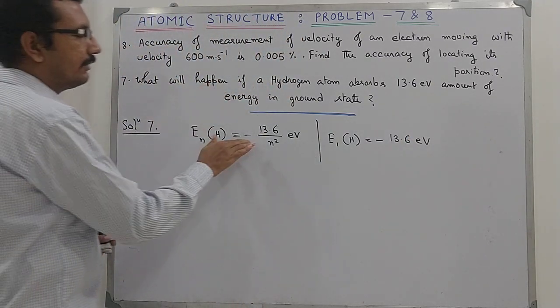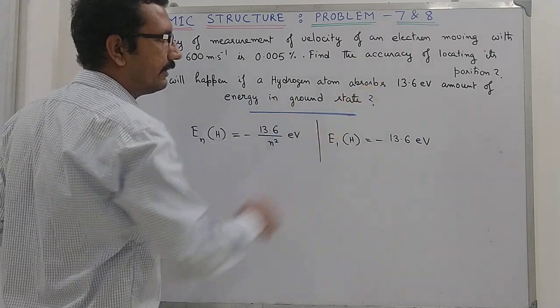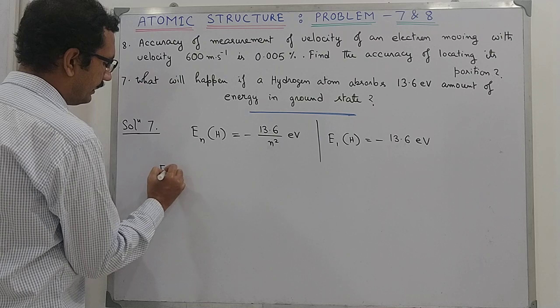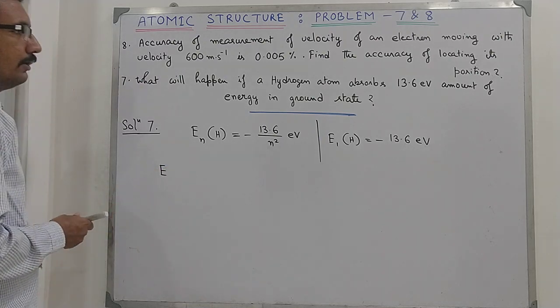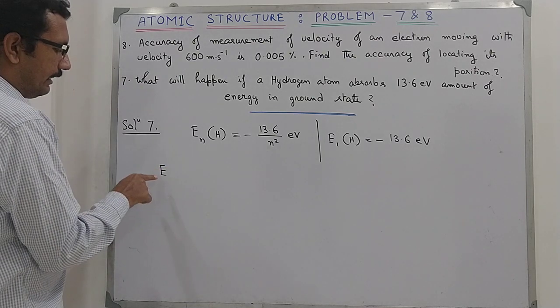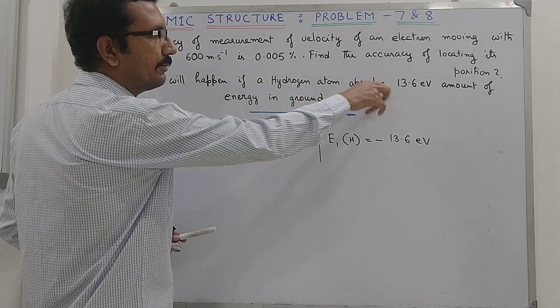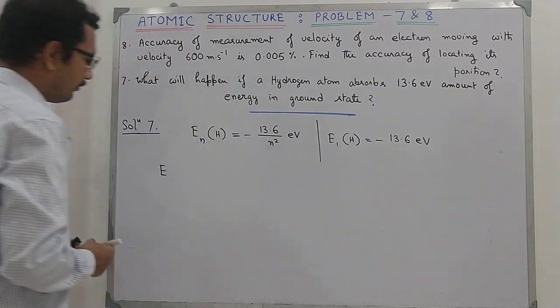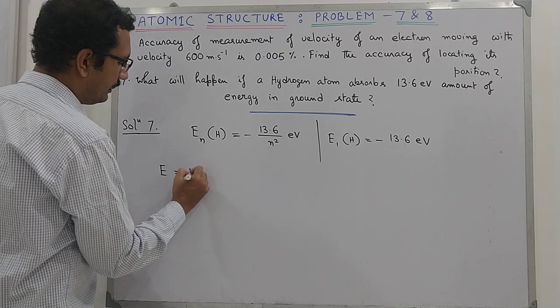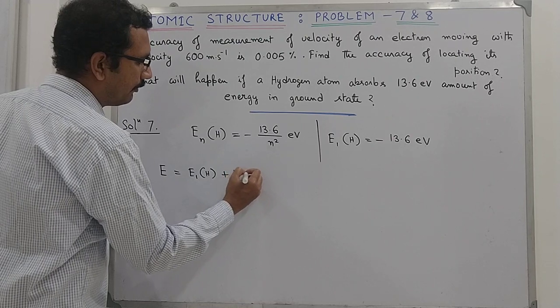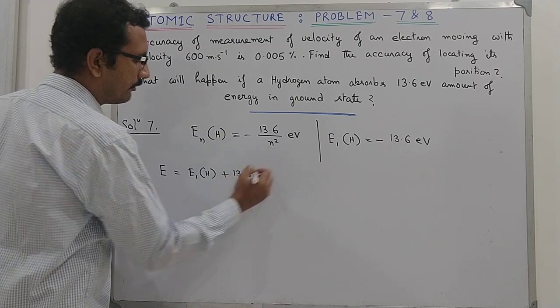Now when this atom absorbs 13.6 electron volt amount of energy, let us see what happens. So we assume that E is the energy of the atom after absorption of this amount of energy. So what will be the value of E? It is E1H plus 13.6 electron volt.